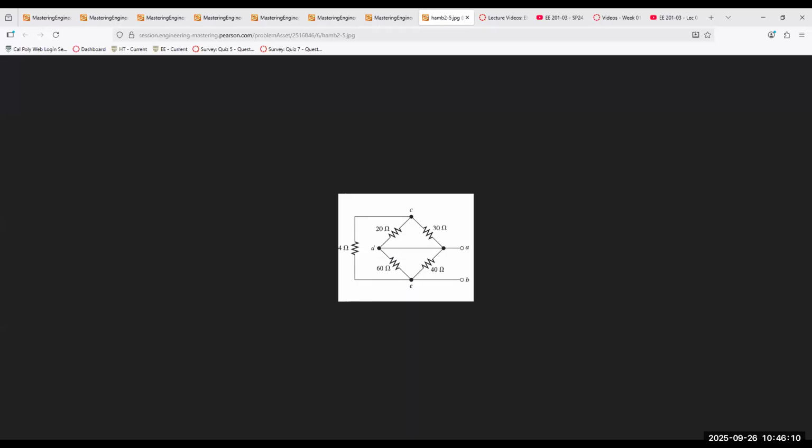Okay, we are asked to find the total equivalent resistance between the terminals A and B. So how would you proceed?